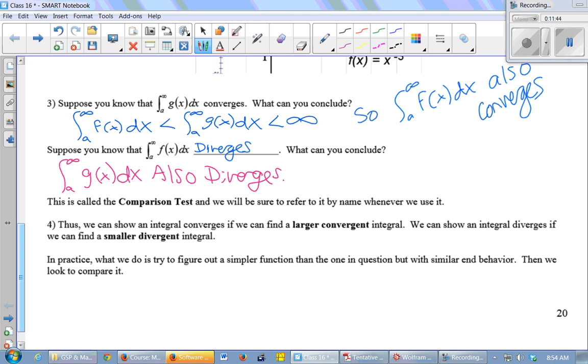And you can show that an integral diverges if you can find a smaller divergent integral. So in practice, you try to find a simpler function, something that you know converges or diverges, with similar end behavior to the one in question. And then we try to compare them.